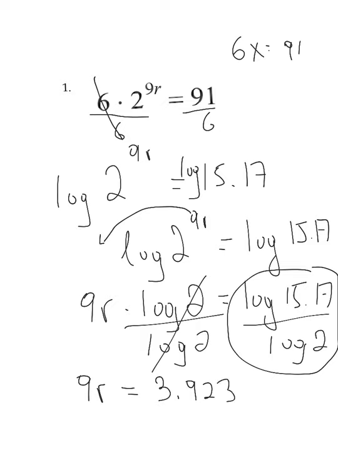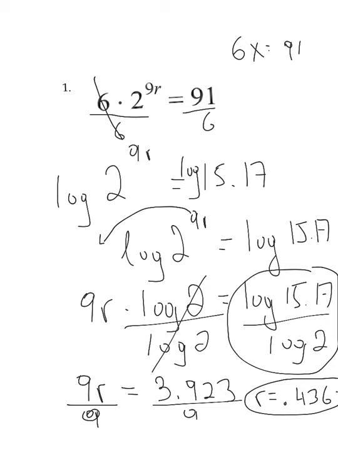And then please ask yourself, how do you solve 9r equals 3.923? Obviously, you will divide both sides by 9. Using my calculator, I got approximately 0.436. So r is approximately 0.436, and I'll circle it. That's my final answer.